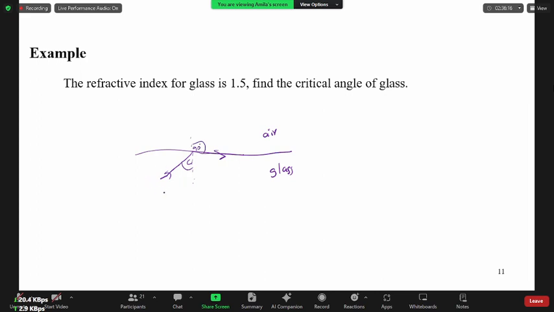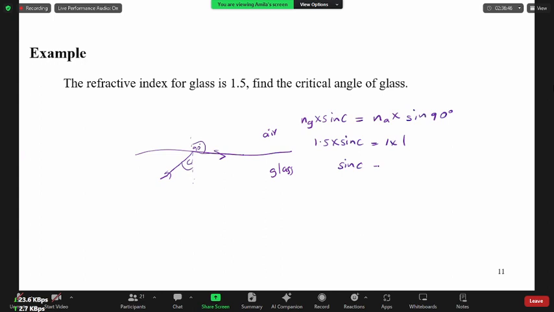The refractive index of glass, Ng, into sine C, the sine value of the incident angle, equals N air, and this is sine 90. Ng is 1.5, N air is 1, and sine 90 is also 1.